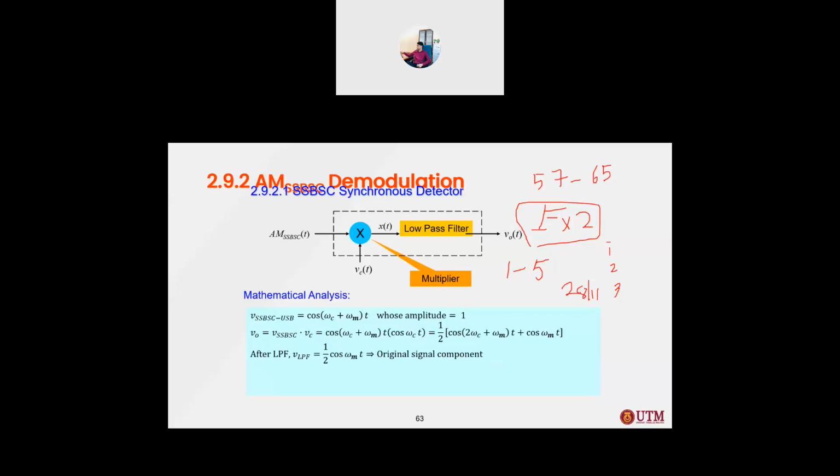You can try to do the full AM, because you need to do at least full AM, as it is the basic. When you understand full AM, you can answer questions on single sideband or vestigial sideband. The thing you need to try first is exercise 2, number 1 and number 2. Number 3, 4, 5 you can do on your own, but of course it is encouraged to do all of them.